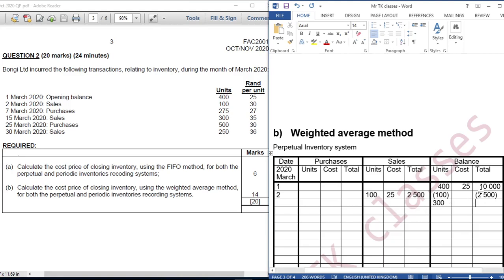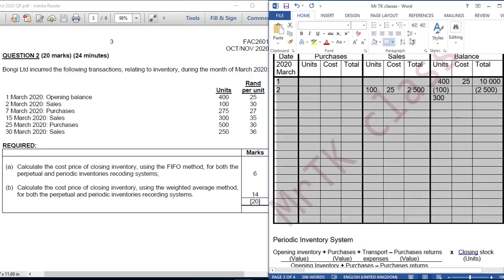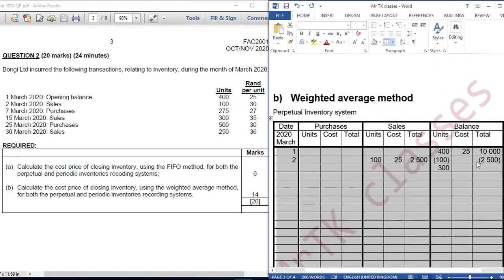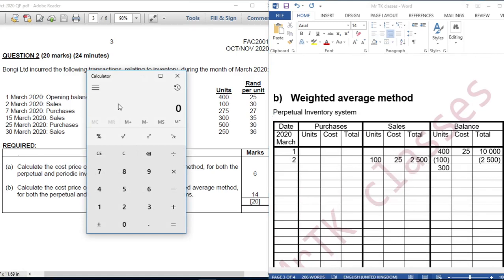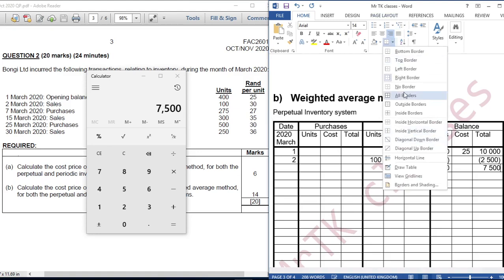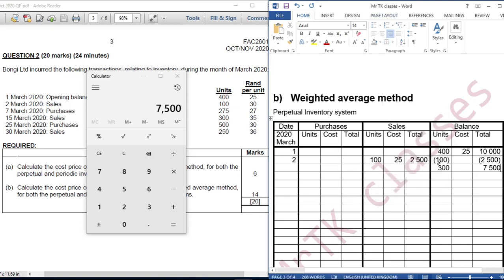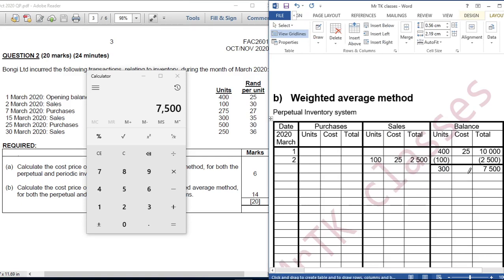Here we are going to get, let us go to our calculator, 10,000 subtract 2,500. We are going to get 7,500. Okay. So this is what we have currently as inventory.